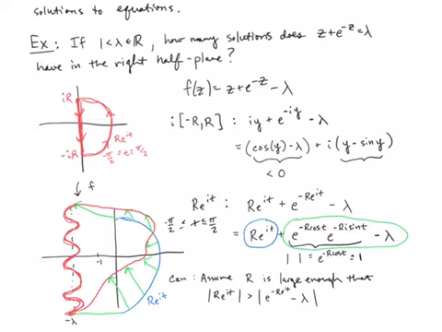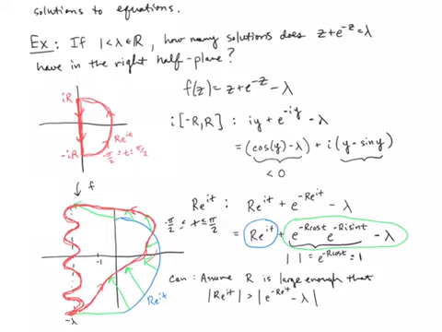And then the r e to the i t plus that other stuff has got to take us from the third into the second, because r e to the i t goes into the fourth quadrant, and then the first, and that green is relatively small, so that's only going to be a small perturbation from that fourth quadrant to first quadrant movement. So ultimately, we then have to move from the third to the fourth quadrant, and then into the first, and then back into the second. So that's going to give us one circuit around the origin in total.